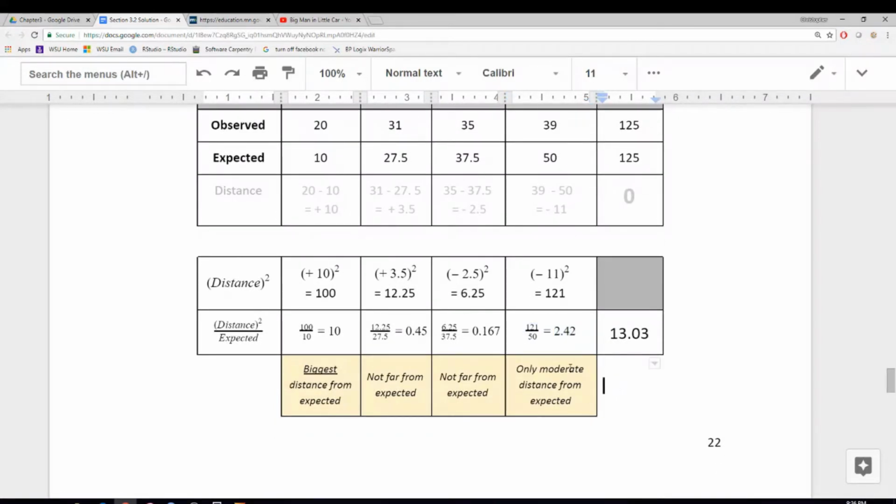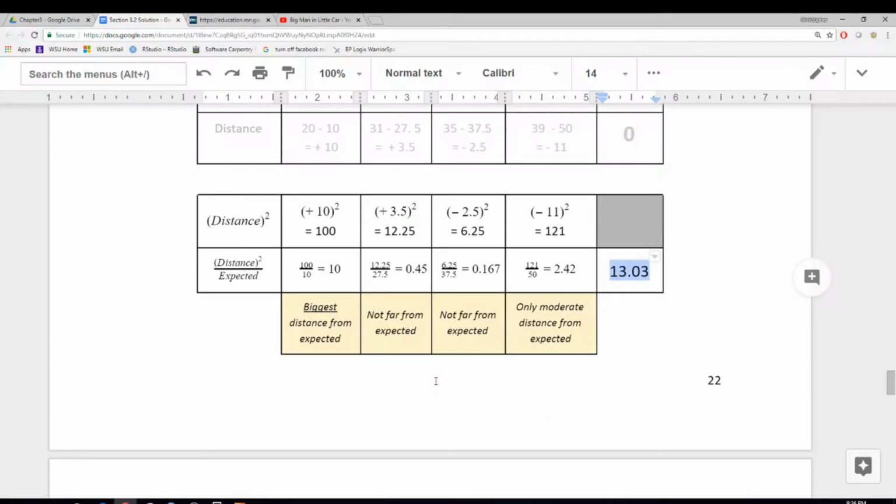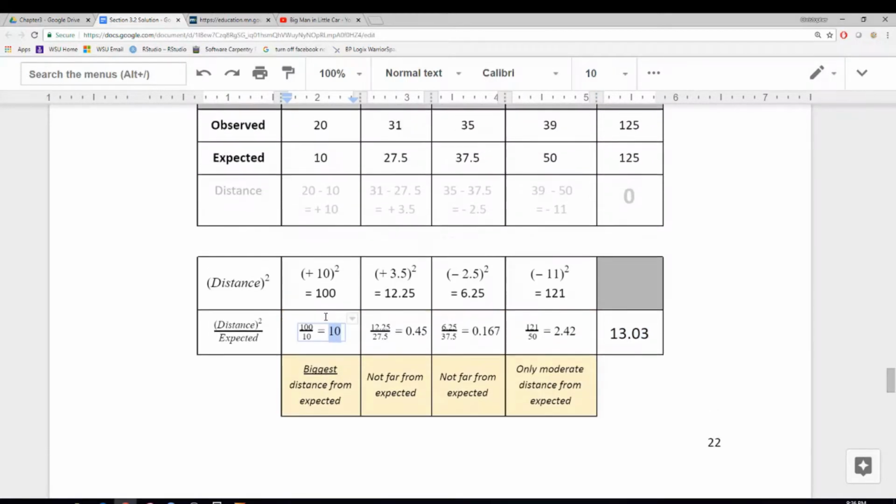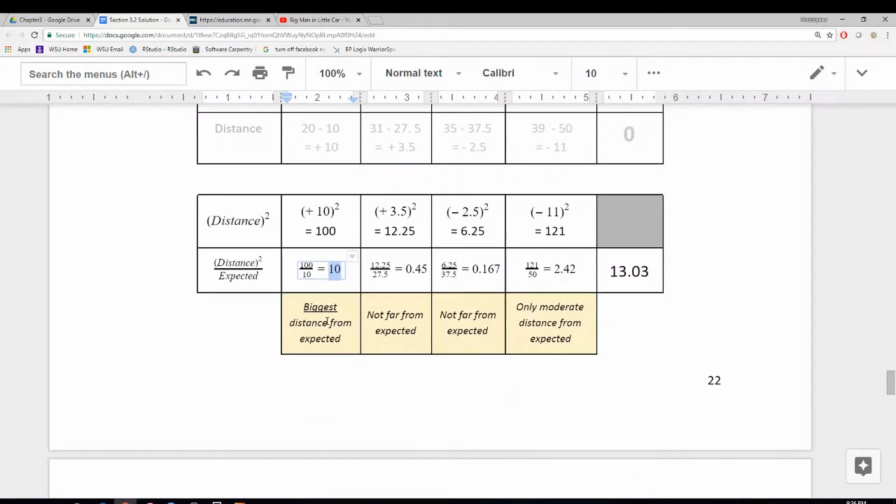And then I'm simply going to add those up across all four of those categories. So I'm going to take 10 plus 0.45 plus 0.167 plus 2.42, and I get a value here of about 13. Now I do want to bring to your attention that the biggest distance from the expected is this first category, the no risk group.